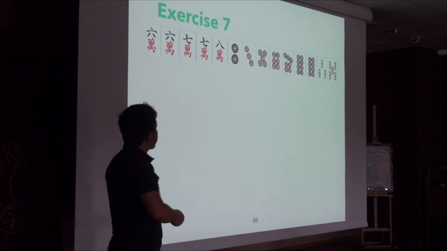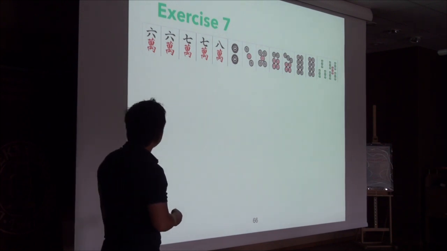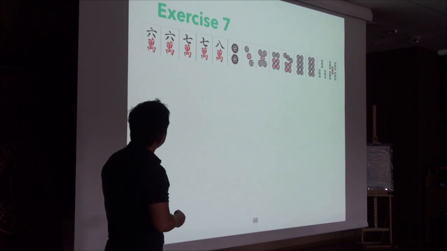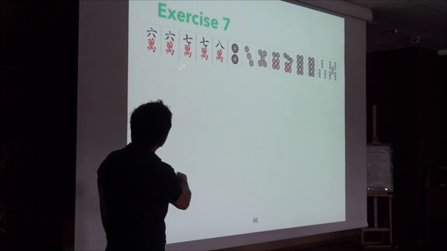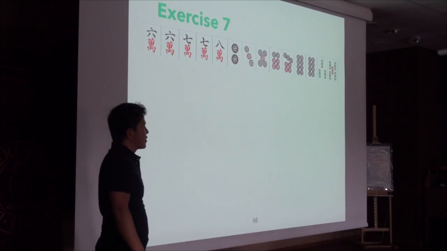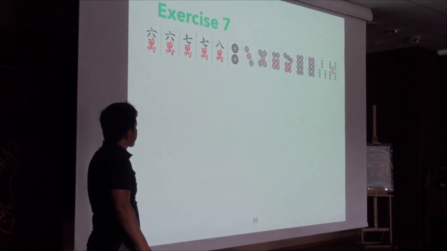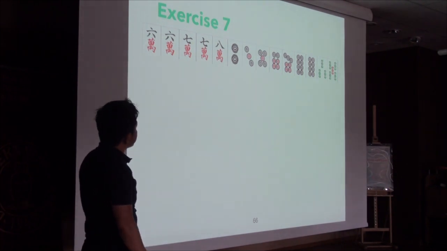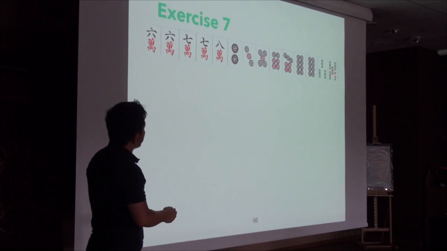How about now? How many blocks? 6. 6 now, right? 2 blocks here. 3, 4, 5, and 6. And what to discard? 5 sou or 3 sou, right? Depending on which one would be more dangerous.